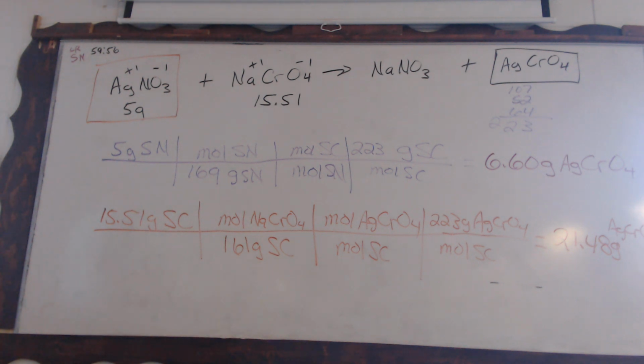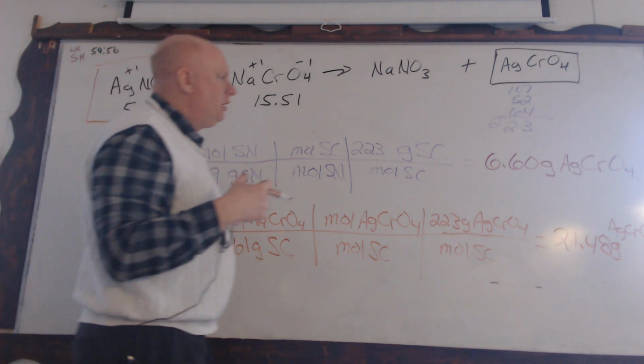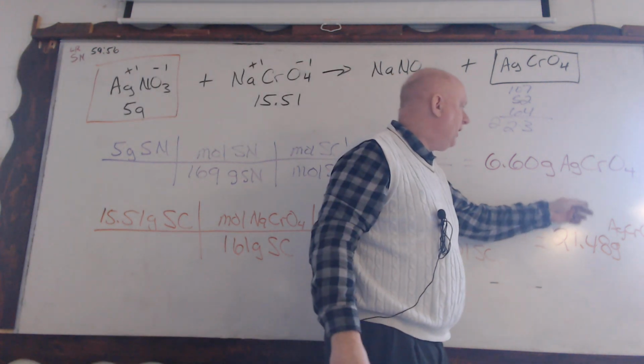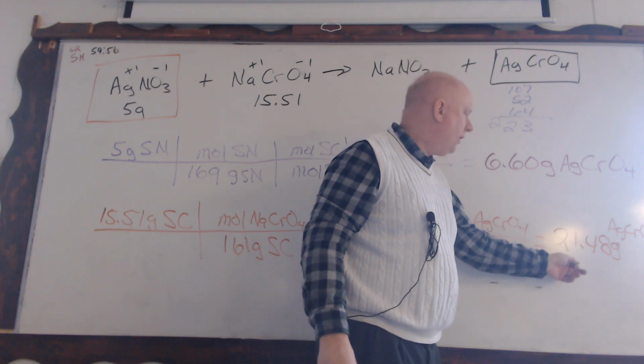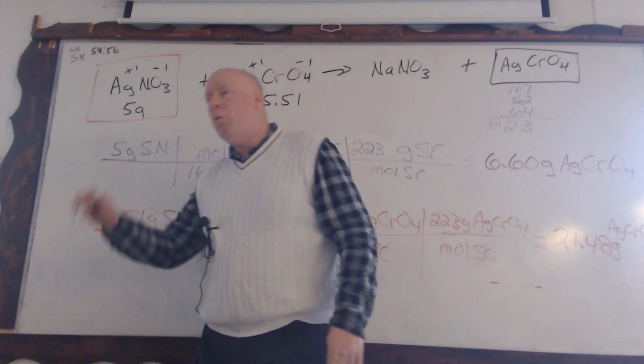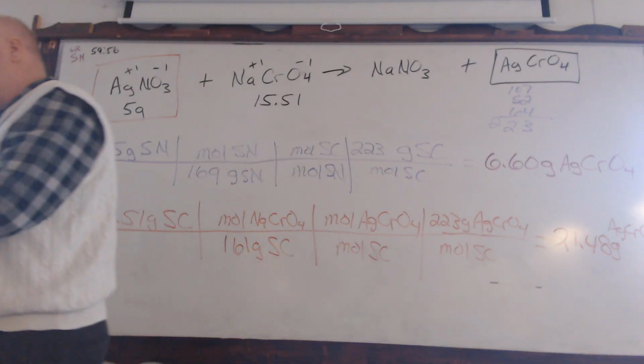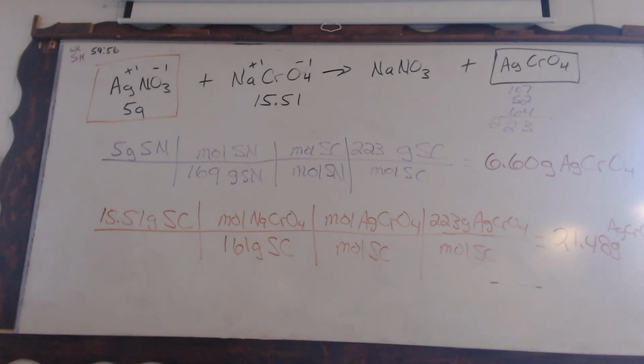So once we've done that, with our limiting reactant, this is our precipitate. But which one do we choose? Is it the bottom one or the top one? You're right, that was the one from the limiting reactant. Yes, you have to use your limiting reactant, which we said is this.